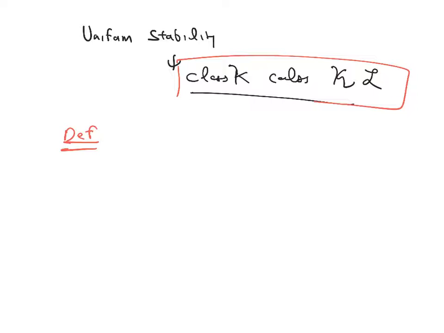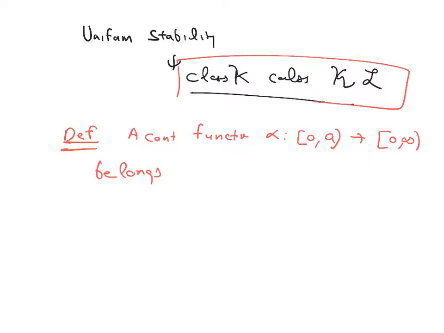Definition: a continuous function alpha from 0 to a, mapping to 0 to infinity, belongs to class K if it is increasing and alpha of 0 equals 0.